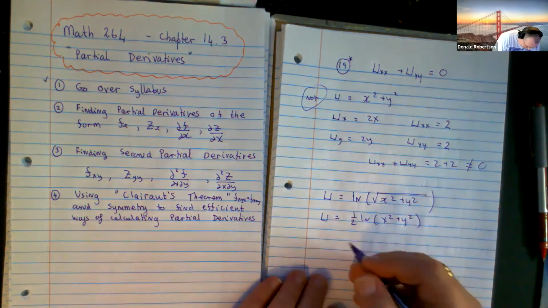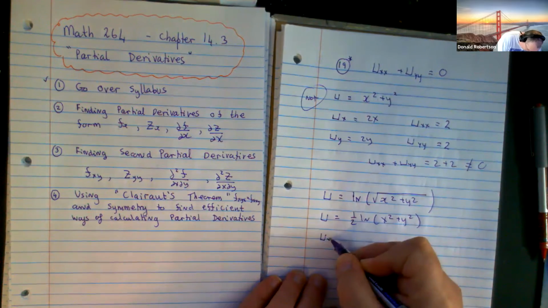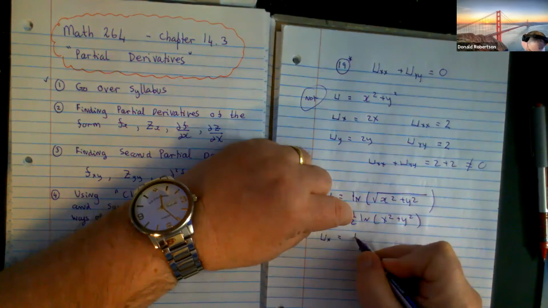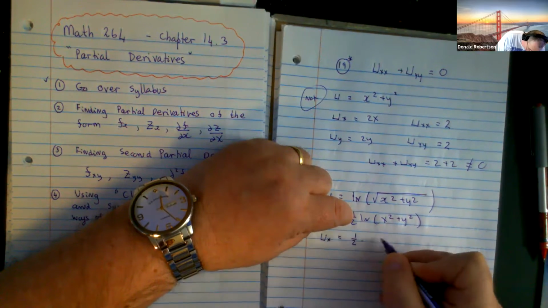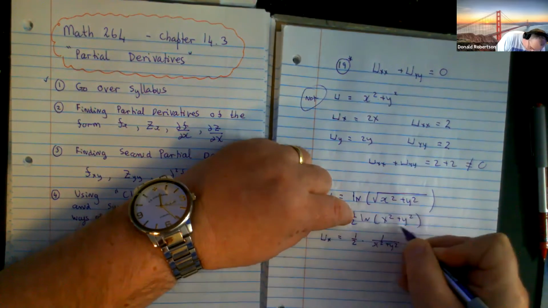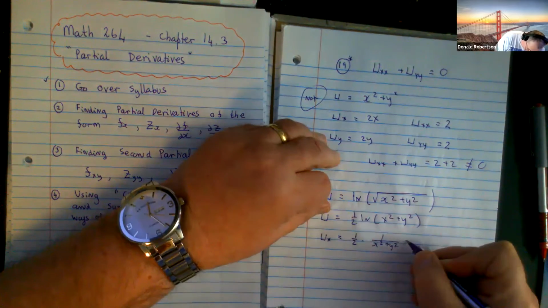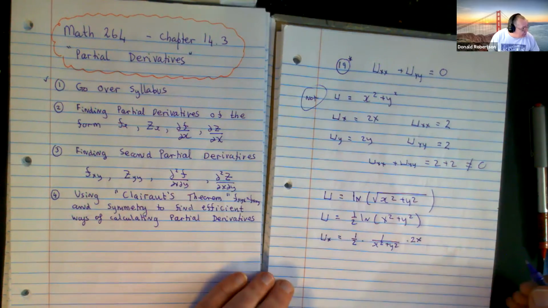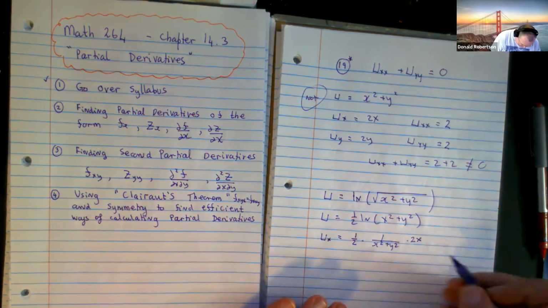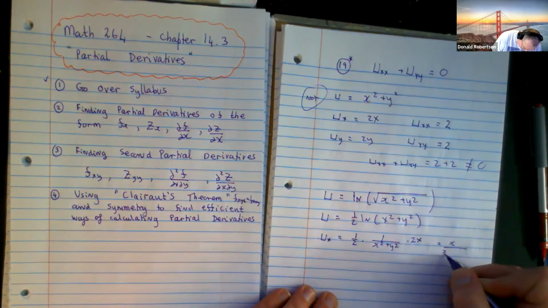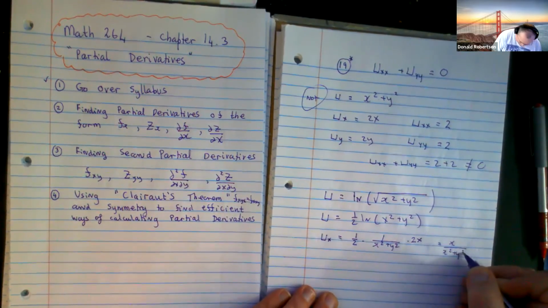So if you do the partial derivative with respect to x, a half log gets you a half, 1 over the thing, times the derivative with respect to x of the inside function. And the derivative with respect to x is 2x. And that cancels. So it looks like I'm going to get x over x squared plus y squared.